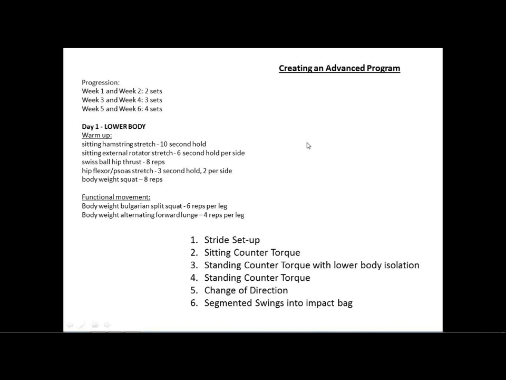The last part of this more advanced program is a Bulgarian split squat and an alternating forward lunge. The split squat is a dynamic way to do this. I'm not going to do it, but we can elevate the rear foot, which I think makes it a little bit easier to perform.